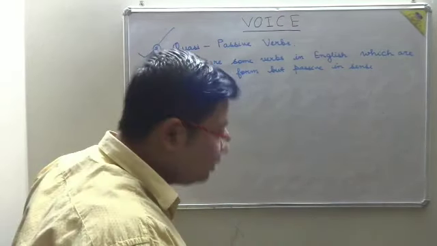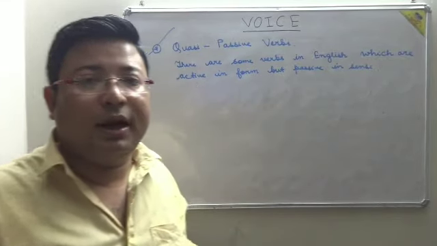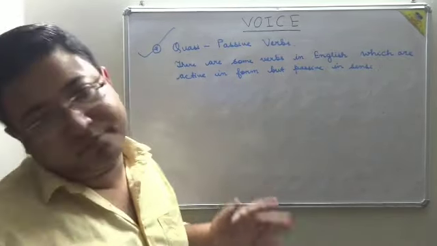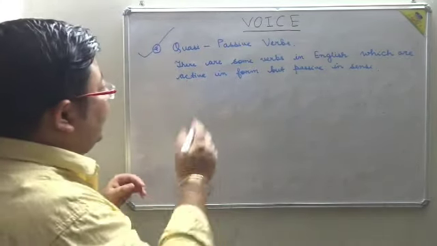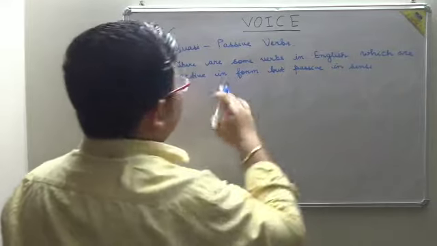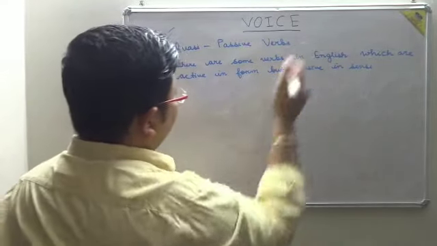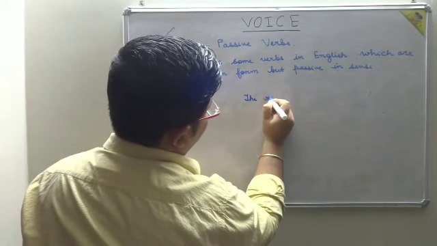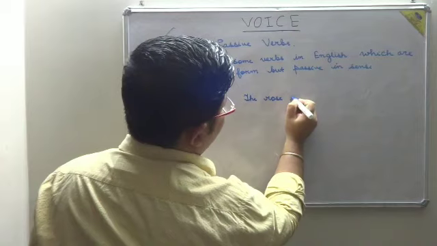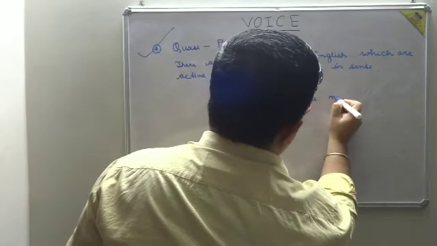Our 9th one: quasi-passive verbs. There are some verbs in the English language which are active in form but passive in sense. These are known as quasi-passive verbs. Example: the rose smells nice.